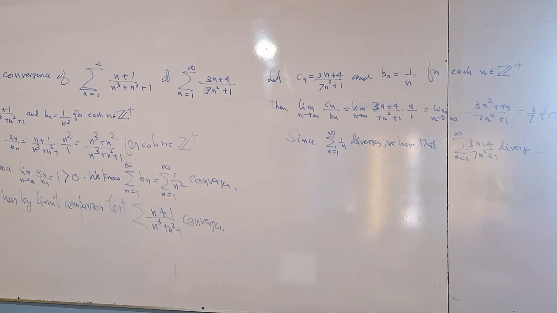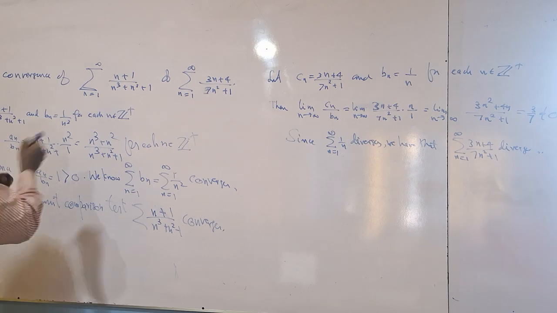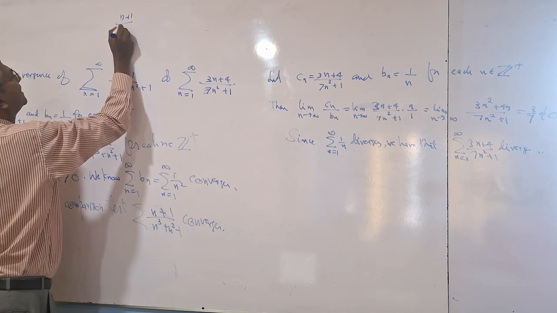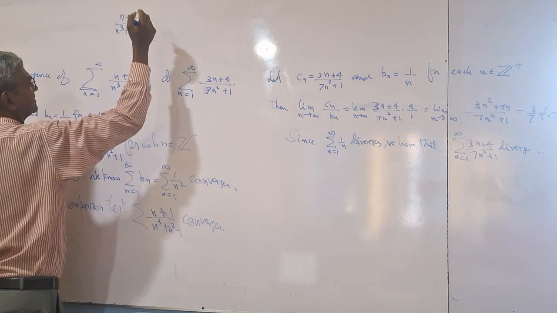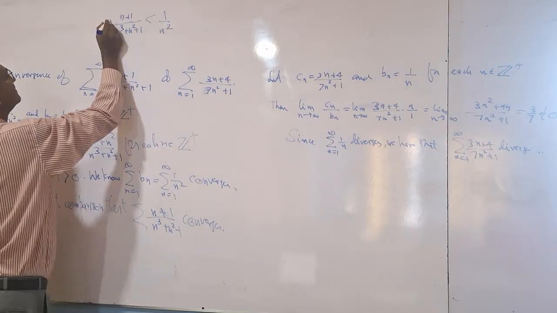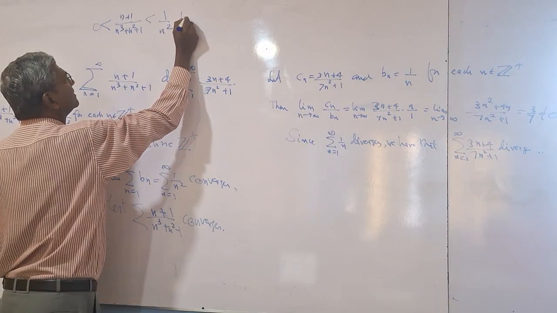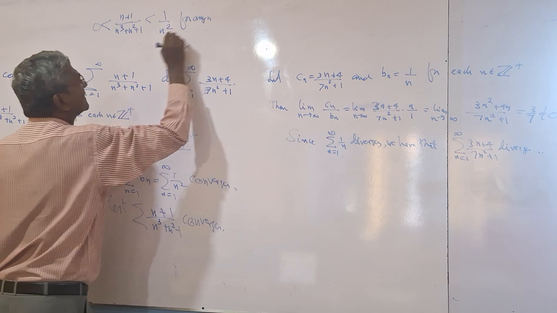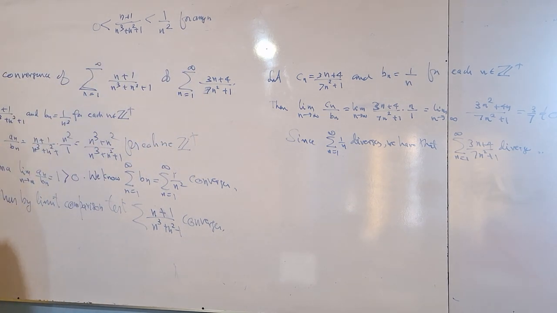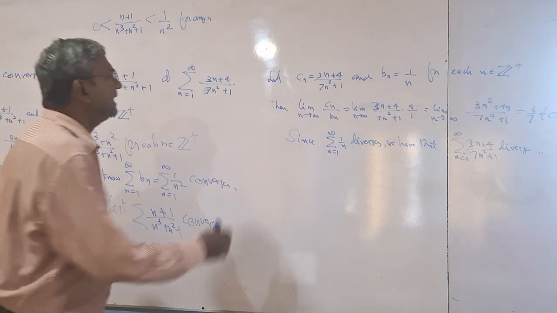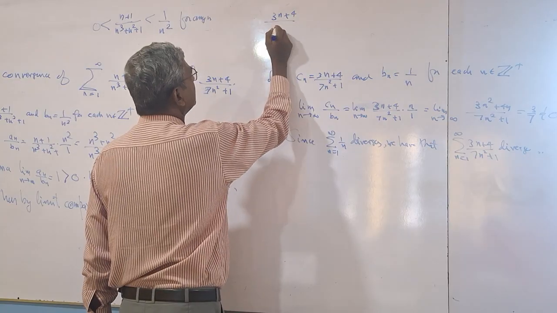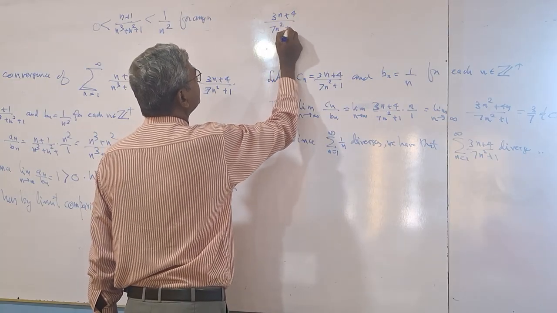Of course, you could have done, for instance, this problem here, n plus 1 divided by n cube plus n square plus 1. You can say this is strictly less than 1 over n square. This is greater than 0, for any n. Then this one converges by comparison test. Similarly here, 3n plus 4 divided by 7n square plus 1.